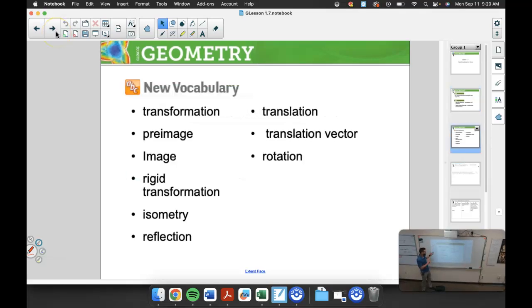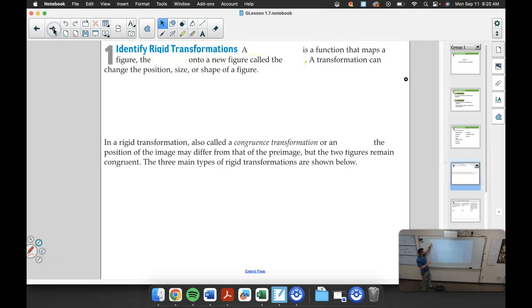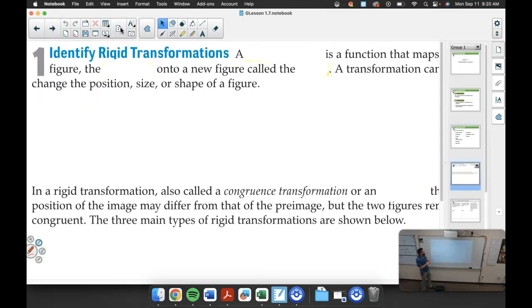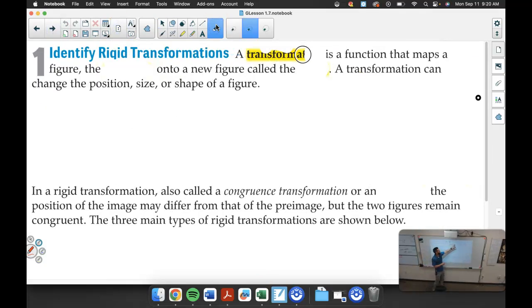Okay, so a transformation is a function. Does anyone remember what a function is from algebra? Typically, we think input, output: we plug in an x, we get a y. The key is, for every x that you plug in, you can only get one y.